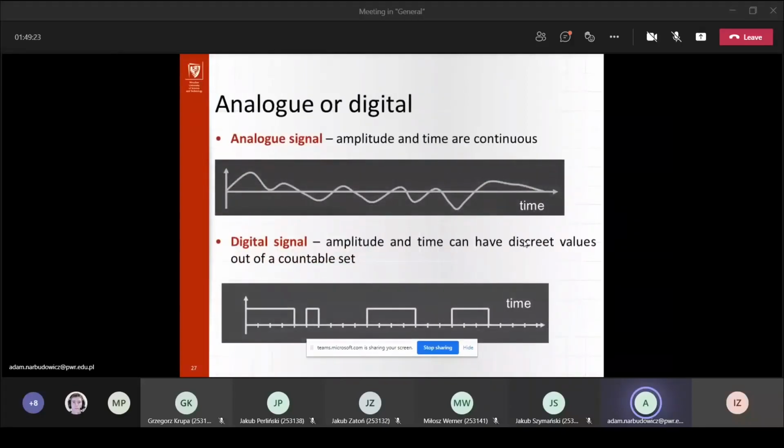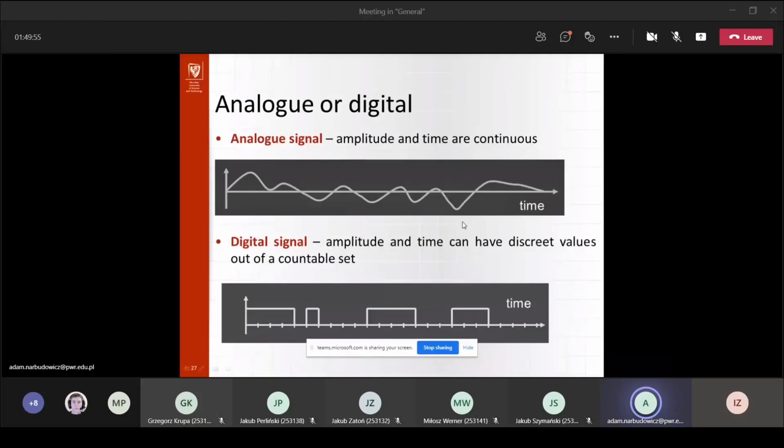We can also think about the signal as analog and digital. An analog signal is one where both amplitude and time are continuous, whereas in the case of a digital signal, amplitude and time can have discrete values out of a countable set, as you see here.